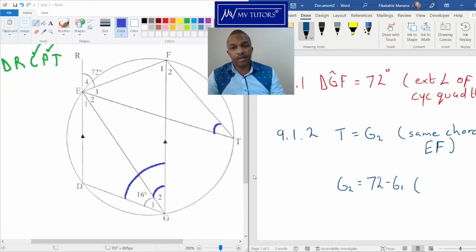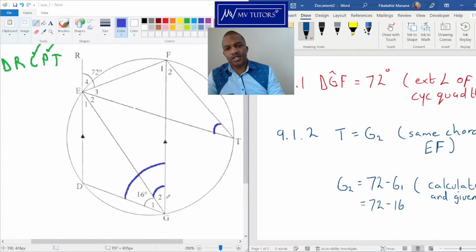It's not complicated, it's so easy. I'm just gonna say, because we calculated 72, I'm just gonna say calculated. Okay, as long as your reasoning makes sense. So it's 72 minus G1 is 16, and that's given. So I'm gonna say given, because the 16 was given.